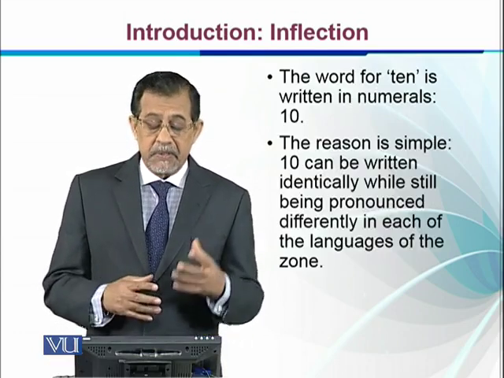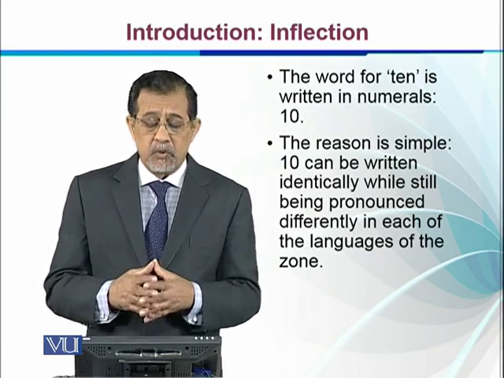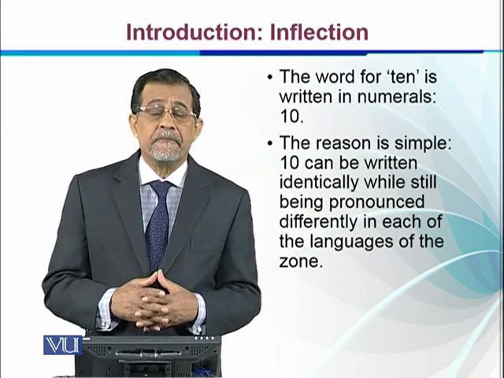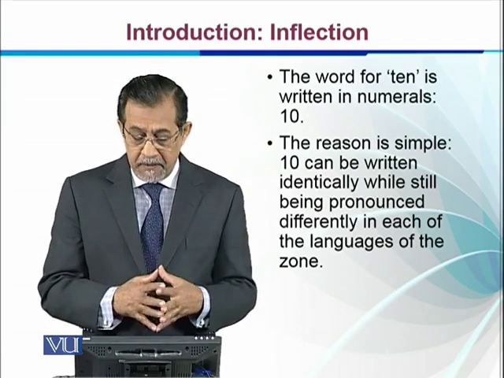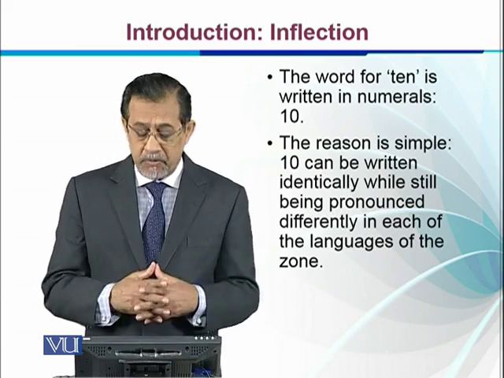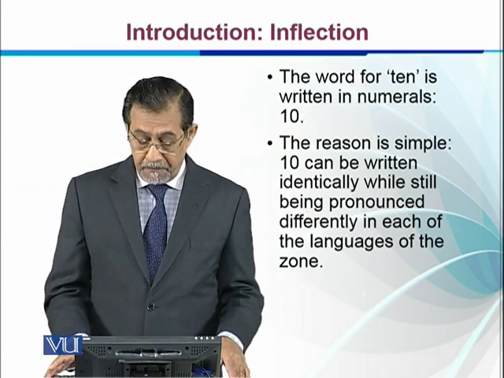The reason is simple: 10 can be written identically everywhere it goes. It may be pronounced differently, but everyone understands it in the same manner, right? It is understood similarly but pronounced differently in the Eurozone.